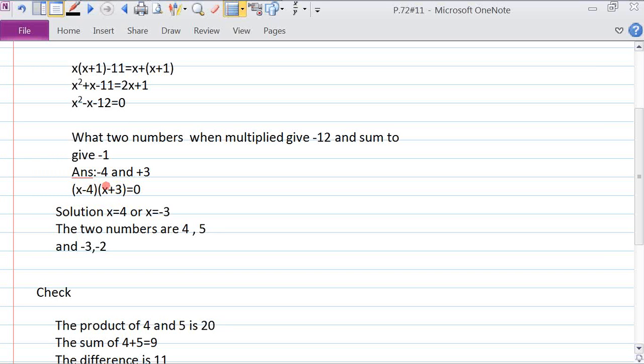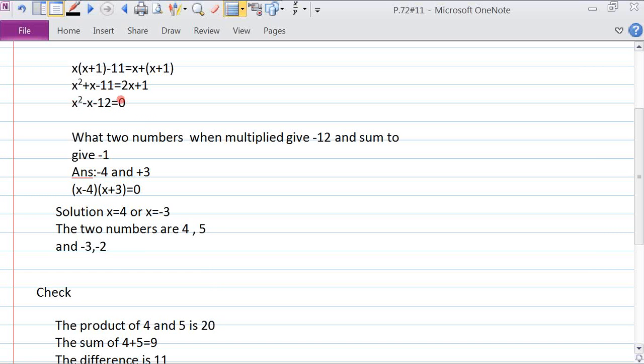You can see that the inner term is minus 4x, the outer is plus 3x, and that gives us minus x. Minus 4 times plus 3 gives us the minus 12. So these are the factors.